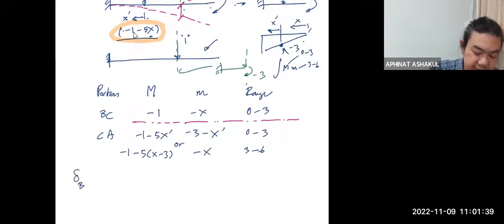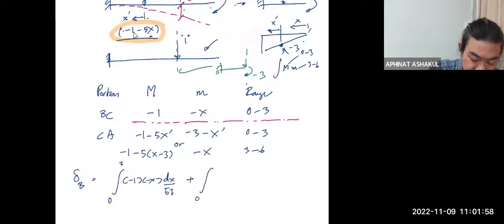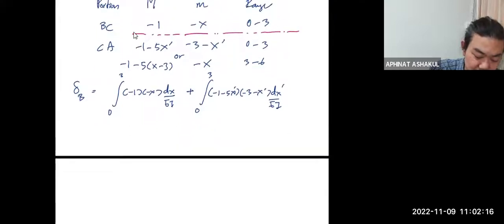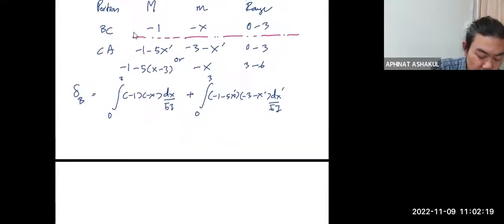The actual deformation of B is now equal to the integral from 0 to 3 of minus 1 minus x, we have a constant EI, right, dx over EI, plus the integral from 0 to 3 of minus 1 minus 5x multiplied by minus 3 minus x prime, dx prime over EI, which is going to be exactly the same as this one, or delta B is equal to this.